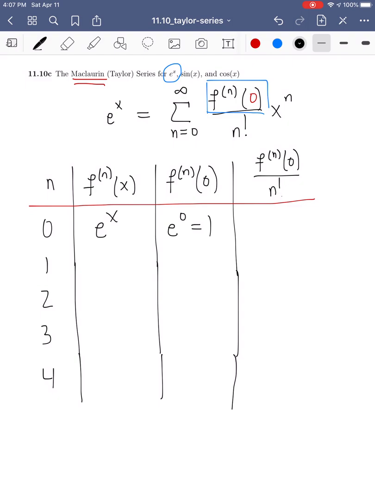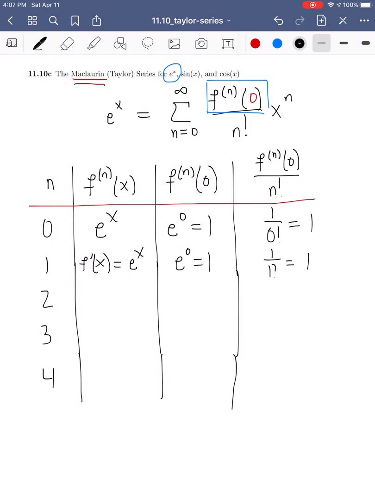So the n equals 0 term is just taking that 1, dividing by 0 factorial, so the first coefficient is just 1. Okay, the first derivative of e to the x is still just e to the x. Evaluating again at 0, that's still 1. So we have this first derivative all over 1 factorial, so that coefficient is still 1 there.